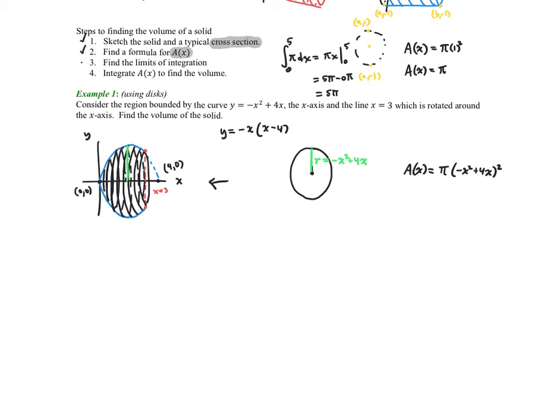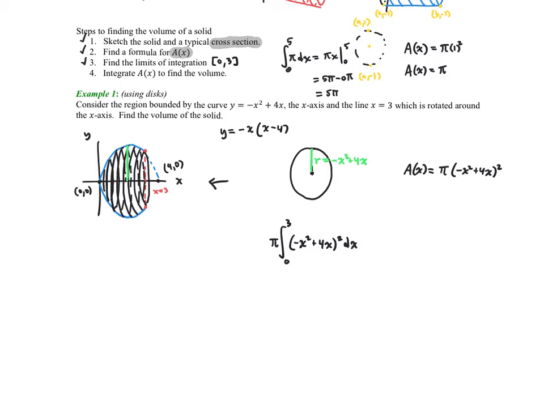Now I'm going to find my limits of integration. Those are going to be from 0 to 3. And then I'm going to integrate. So let's integrate 0 to 3 of, don't forget, pi times our function squared.